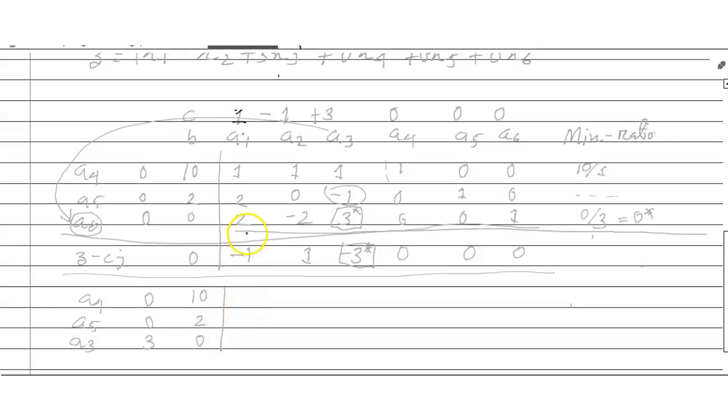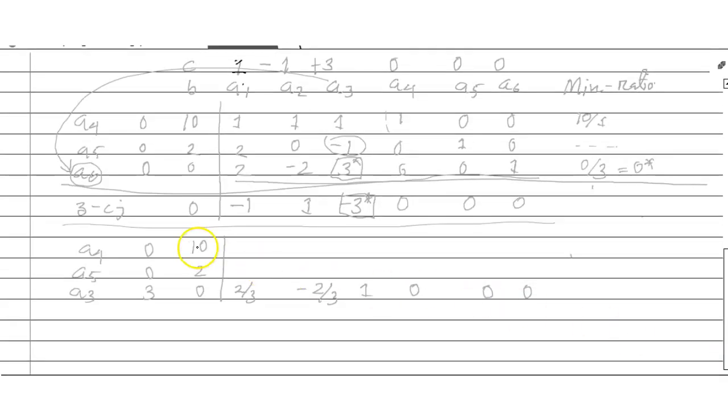This portion is 2 by 3, this is minus 2 by 3, this is 1, and the rest are 0. Now I have to make this column 0 in the other rows, and the second row is not changing.